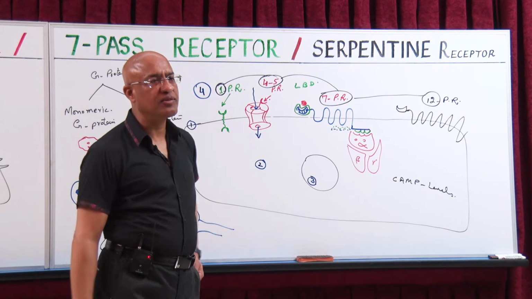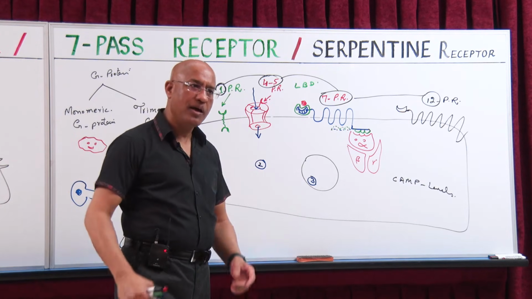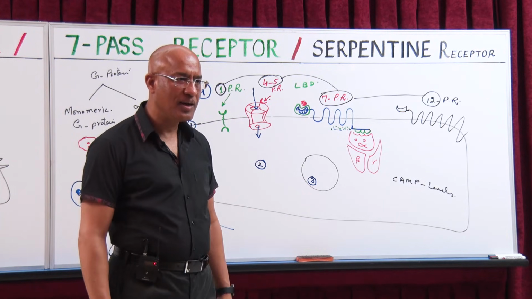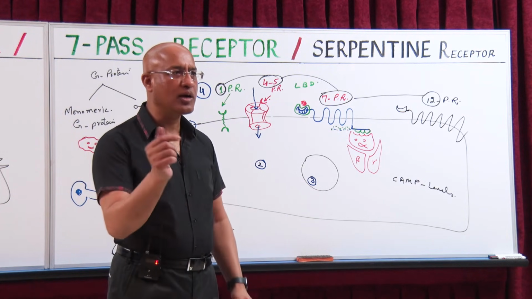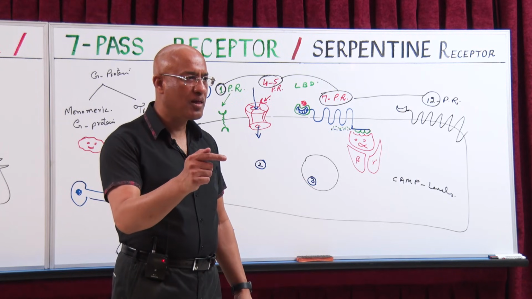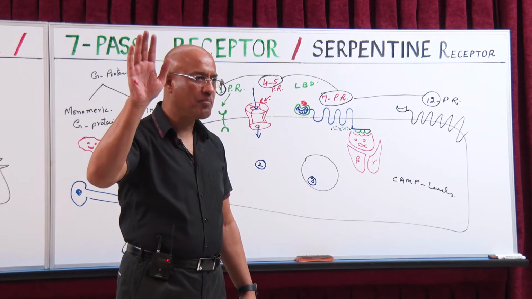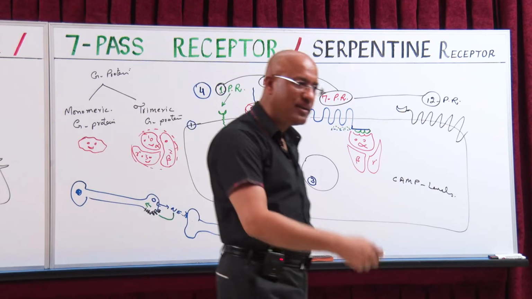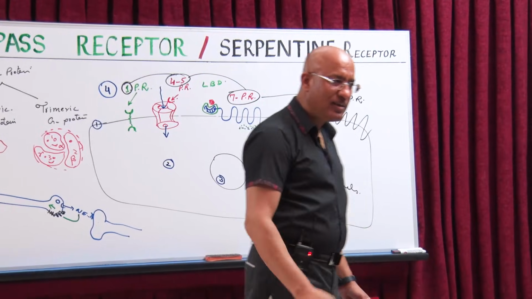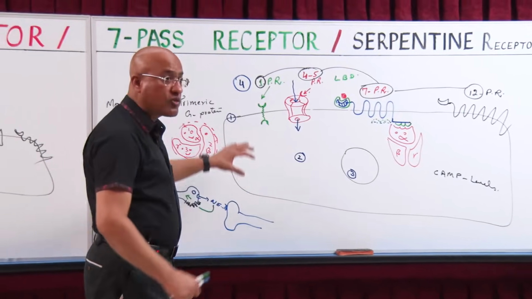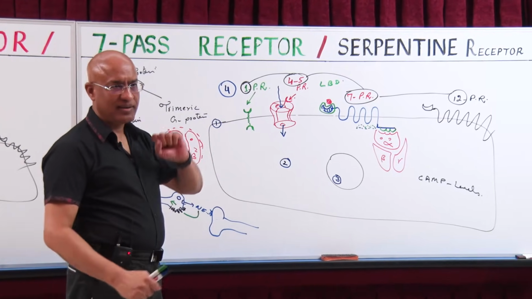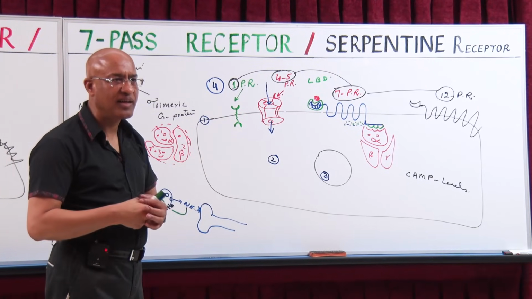But there are some substances which can cross the cell membrane and go inside. It is very natural: if someone cannot come inside your house and he has to give some message, he will knock on the door. But some member of your family will simply walk in. Similarly, some ligands can simply walk in, diffuse inside the cells.